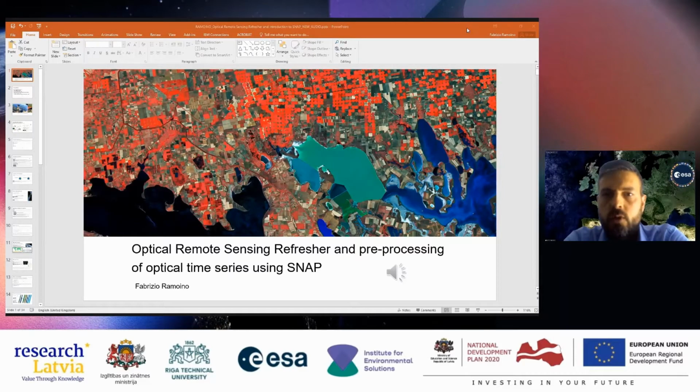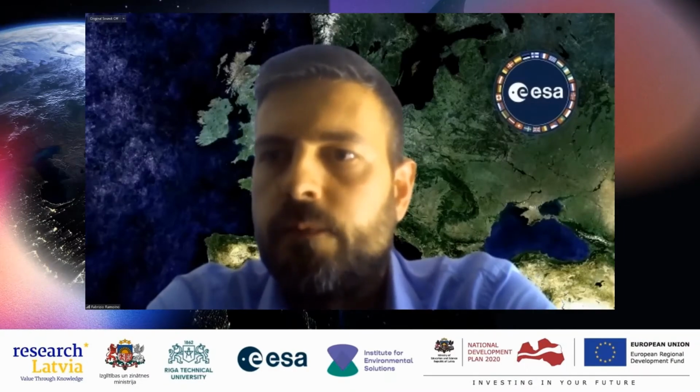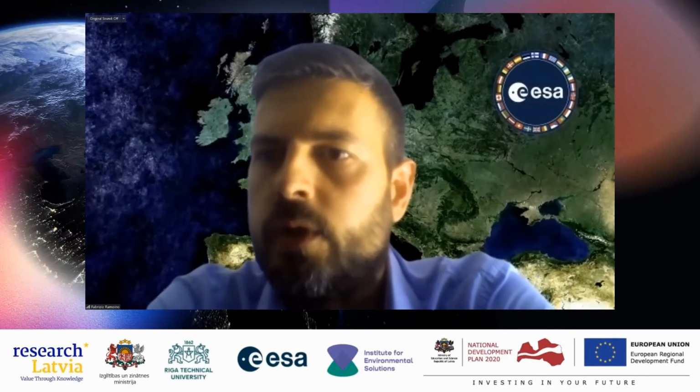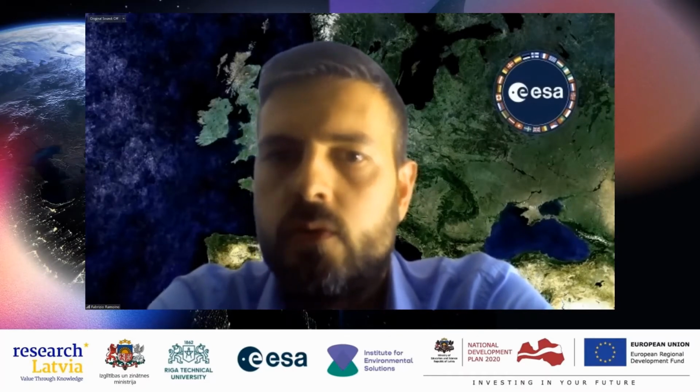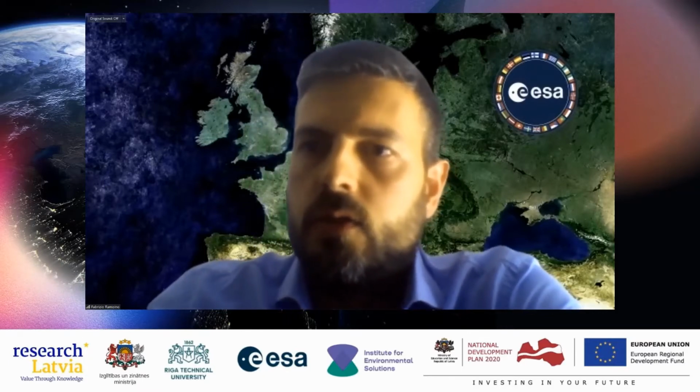So I will show you how to use SNAP to retrieve radiometric indices and biophysical variables from Sentinel-2 data. I will guide you through the processing, and you can repeat the processing afterwards with Amalia. I think Amalia already provided you a short guideline, the step-by-step how to perform the exercise. So let's start with the first part.